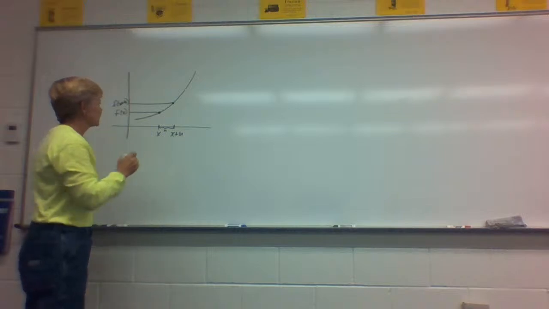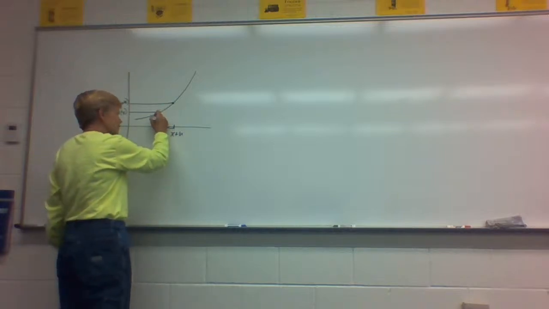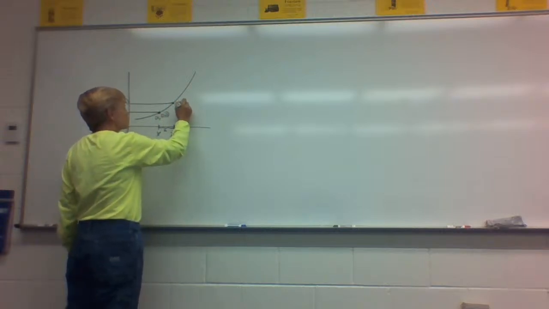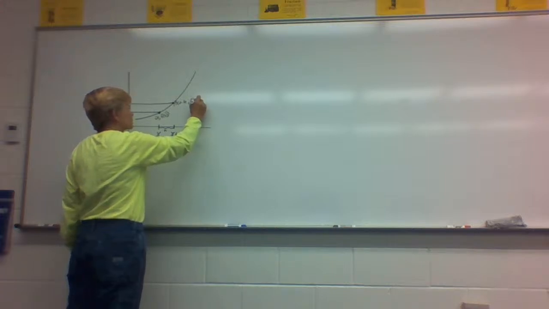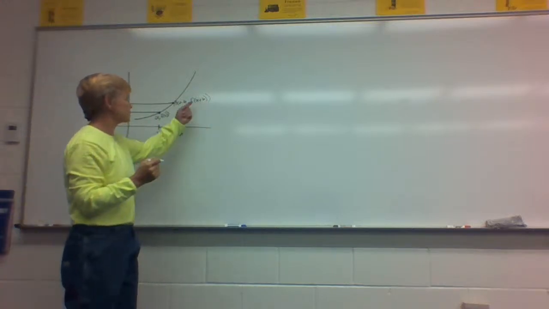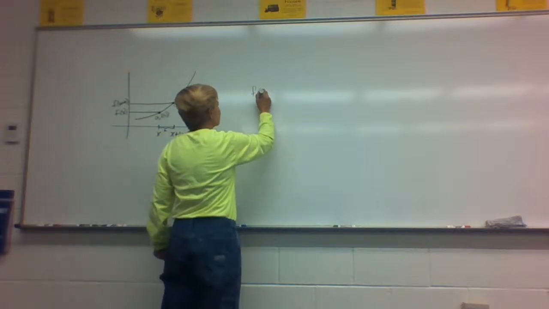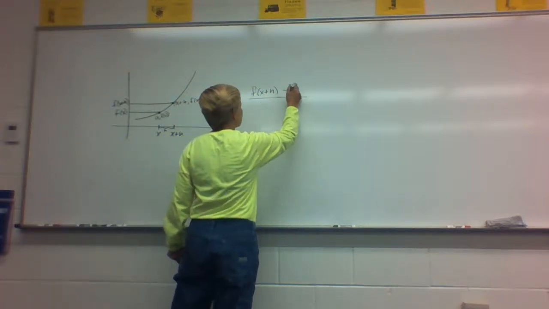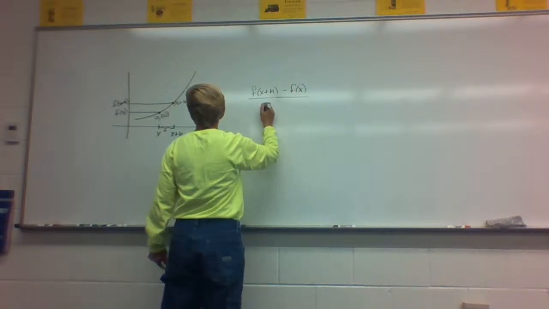And so if you've got these 2 points, this point right here is going to be x, comma, f of x. This one would be x plus h, comma, f of x plus h. And if I wanted to find the slope between those two, I would take f of x plus h minus f of x over x plus h minus x.